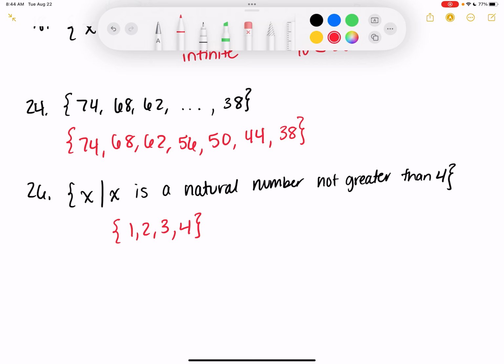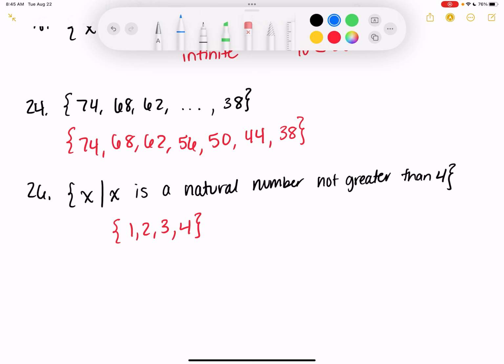All right. 28. So these ones say to insert this symbol, element or not an element, basically. So we're deciding if the number that's given is an element or not an element of the set.